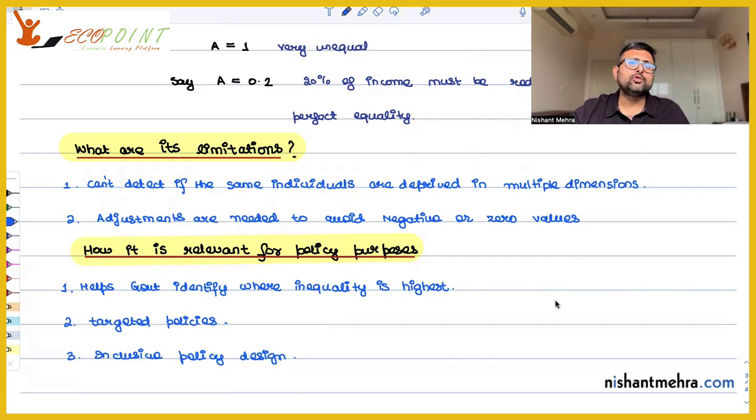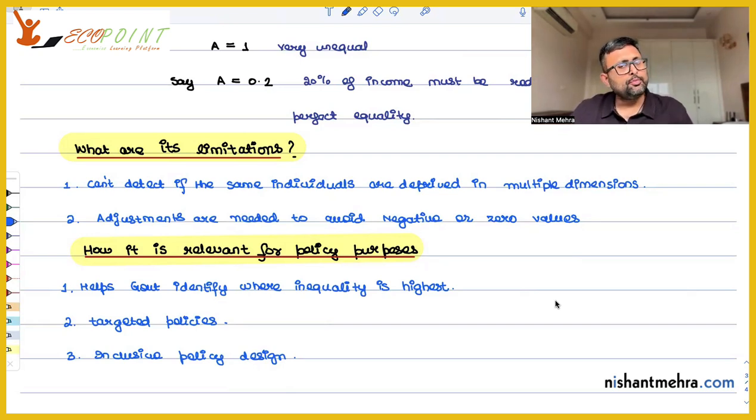All of that is not properly defined if you have zero or negative values. So while calculating, if the income is zero, they will make it slightly more than zero. If income is negative, meaning your debts are more than your income, it is also made slightly more than zero. So it is going to reshape the distribution. That is a limitation.